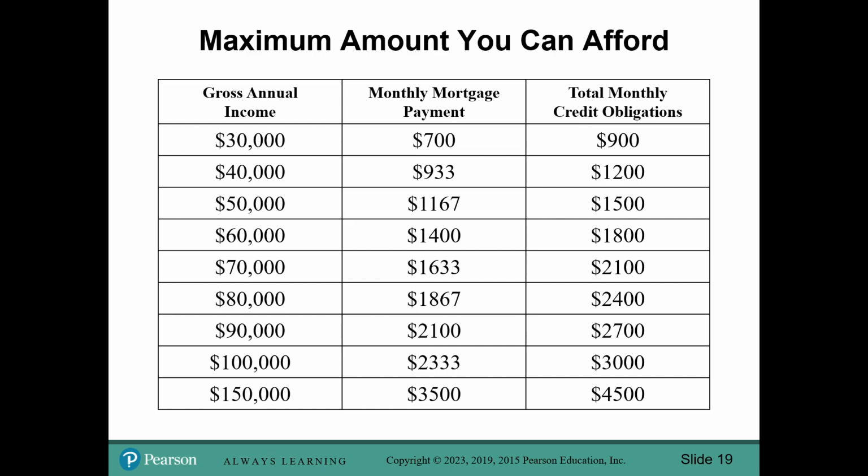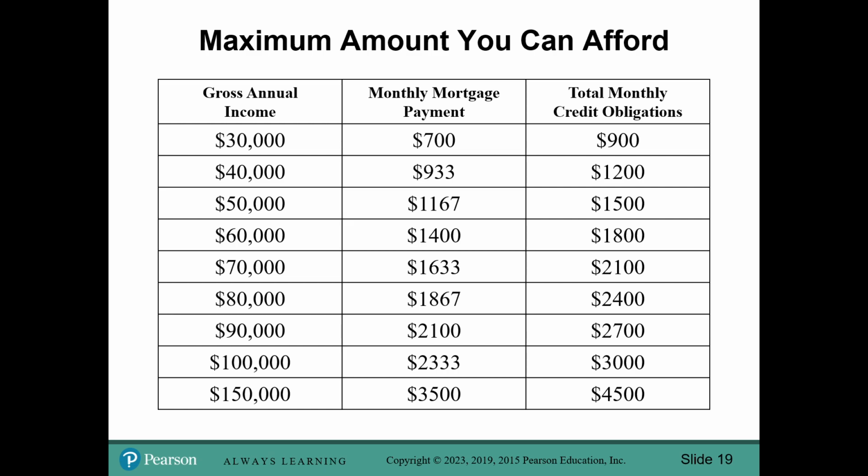So your total monthly credit obligations should add up to $900, but $700 of that is going to be your home. Now, if you make $150,000, you could technically afford up to $3,500 a month for a mortgage, and your other monthly credit obligations should add up totally to $4,500, which means there's only an additional $1,000 that you're spending on car payments or medical bills or credit card debt or student loans.